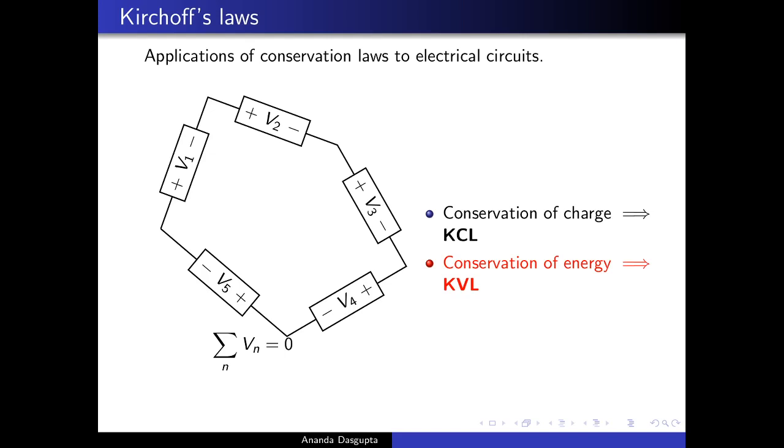Now if by the time you go all the way around and come back to your original point, there is a net total change in potential, then what happens? If there is a net drop, let's say, the net electrical energy of the charge has decreased when you have come back to its original point.